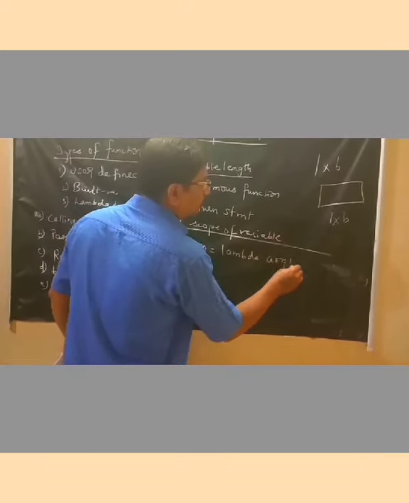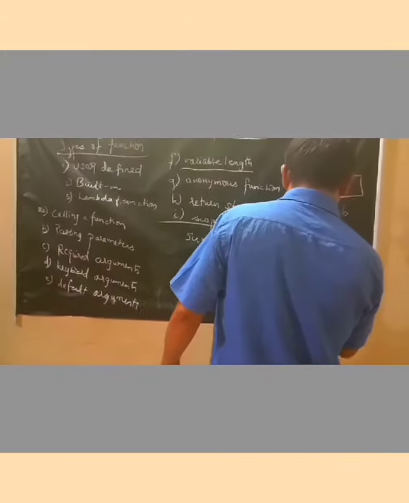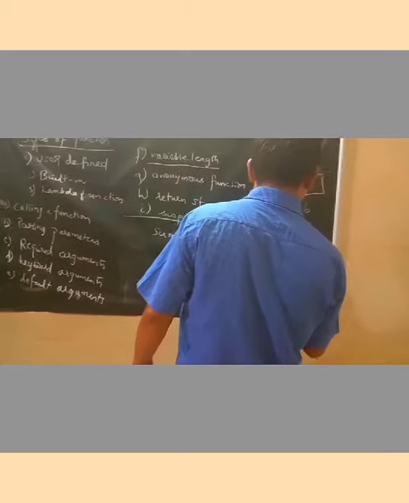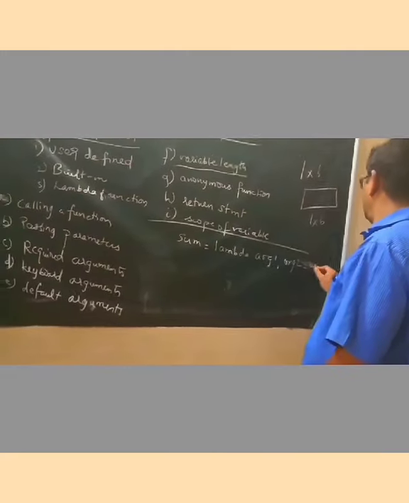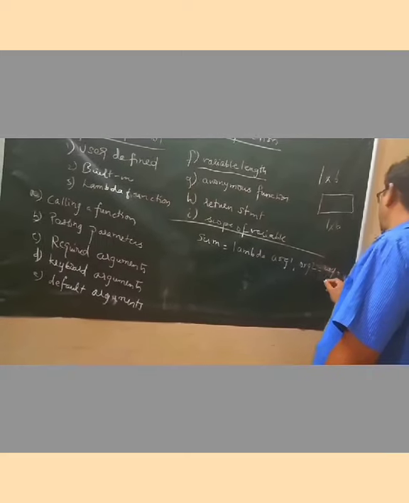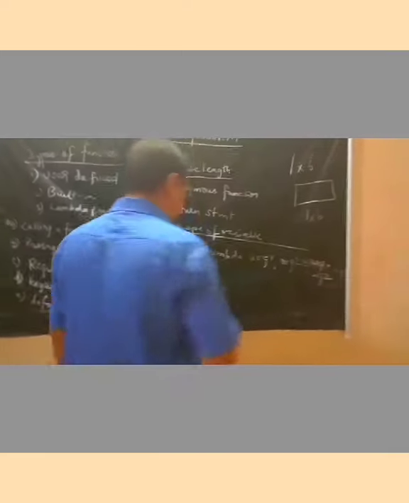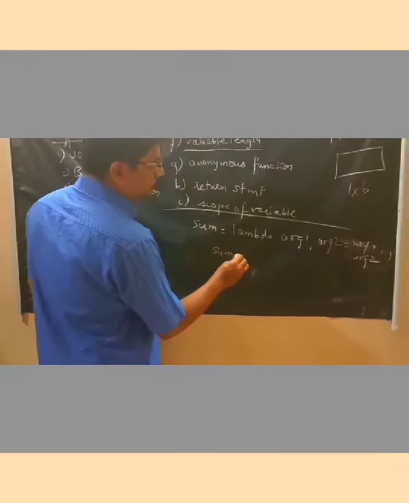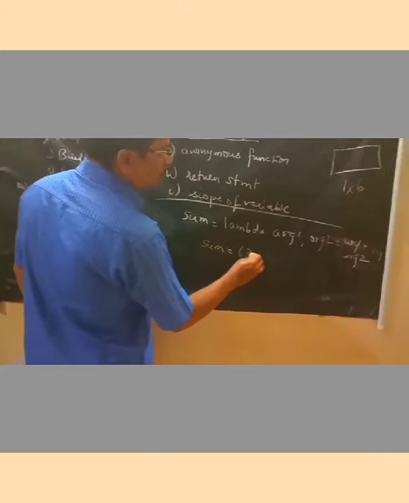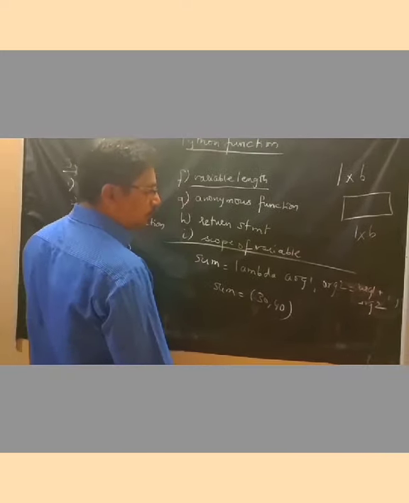argument 1, argument 2 is such that argument 1 plus argument 2. Now in the next statement, sum equal to 30, 40.